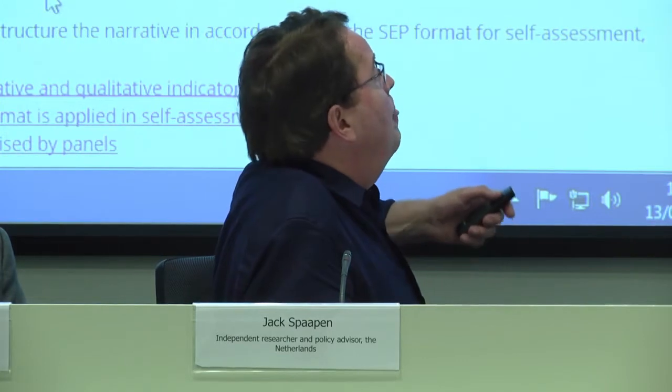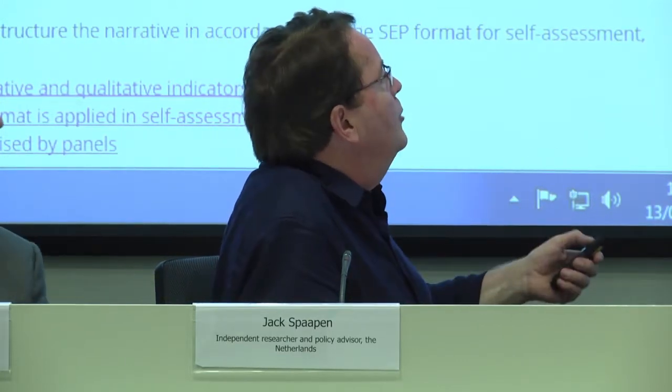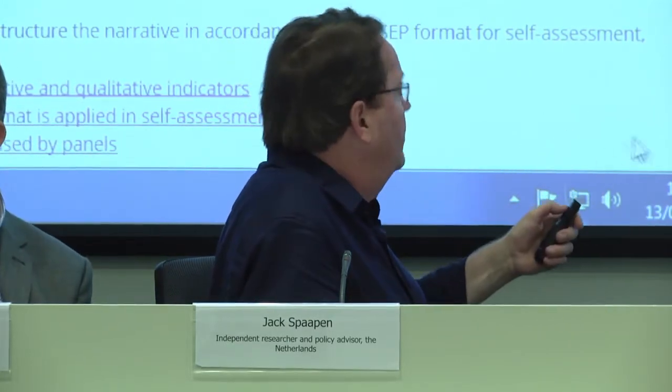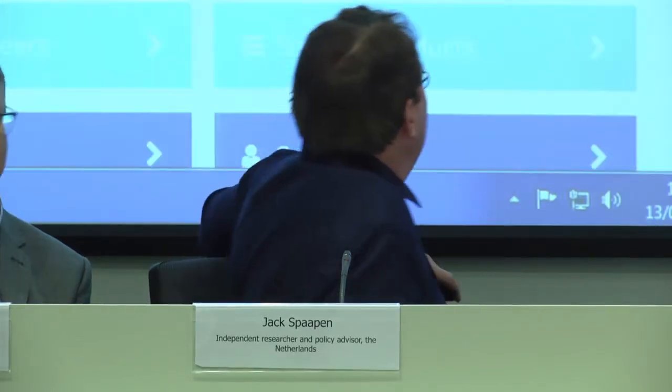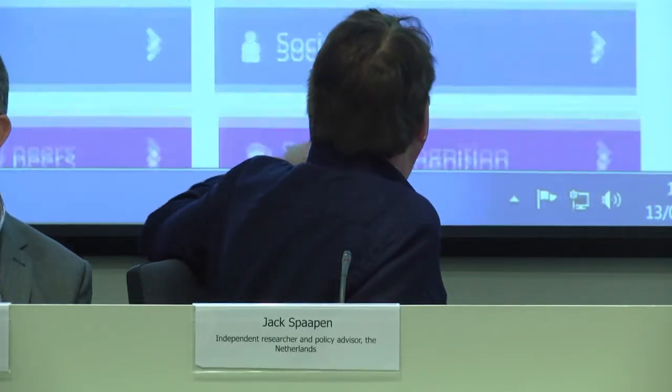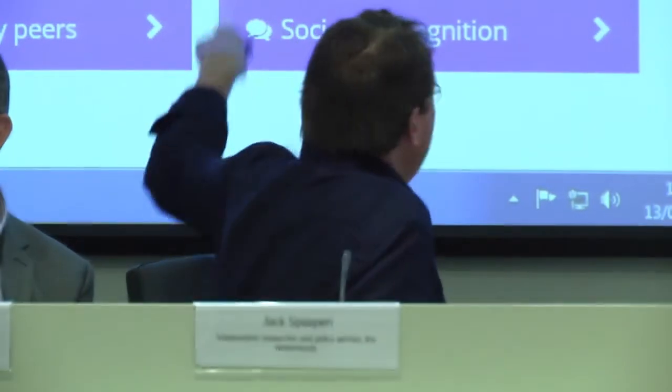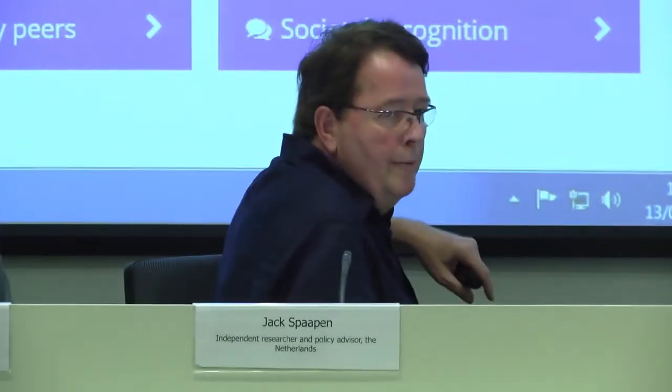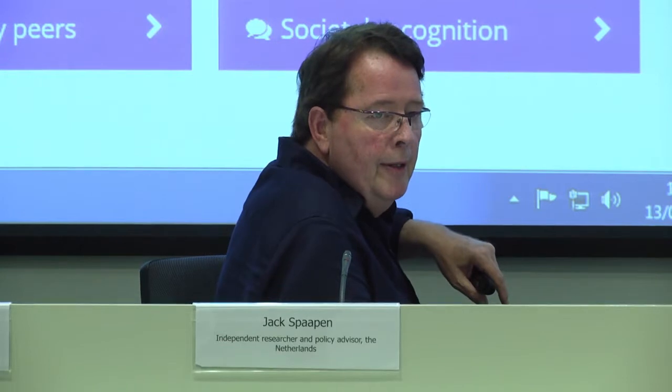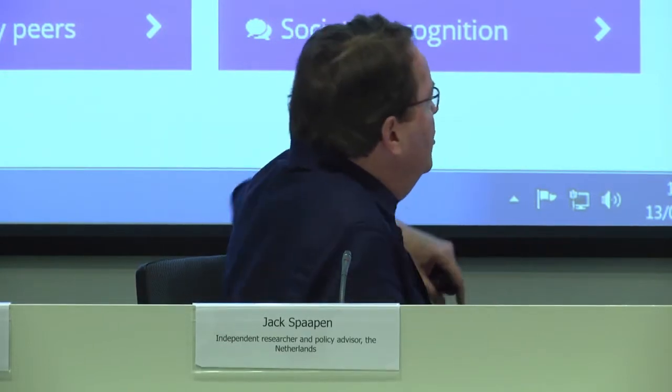I'm not sure how to manipulate this. No, yeah, okay, that's good. A little bit more. So these are the 6 categories that we have in the National Evaluation Protocol. And then if you just go to societal products, can you do that?